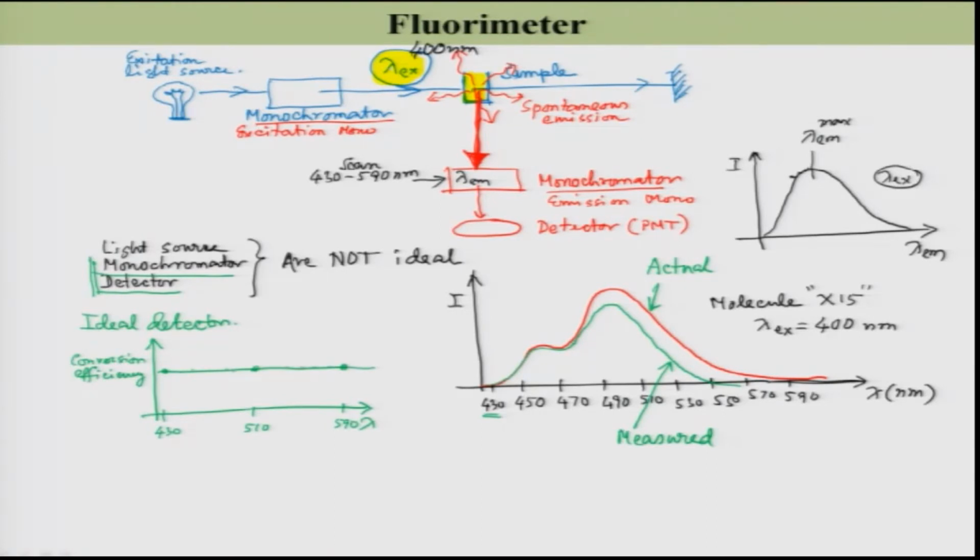So, this is the ideal behavior of the detector. But if you really see the real curve of this conversion efficiency of a detector, that looks completely different than this. It looks something like this in this region.